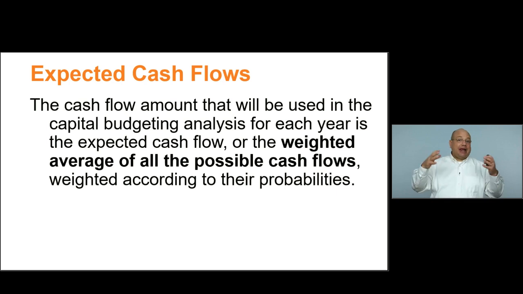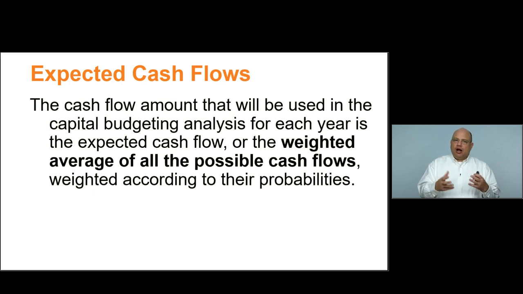We can't have a range of numbers in year 5. There has to be a number. And so we're going to use expected cash flows, however it is that we calculate that. Most of the times in a question it's just going to be given to us, but it is possible that in creating an individual cash flow, we're going to have to calculate that expected cash flow, which is just the weighted average of all of the different options that we have.